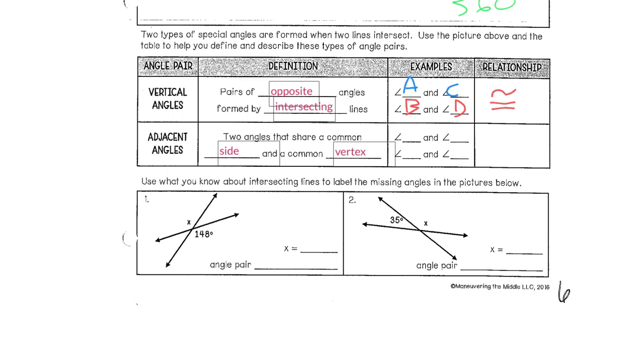Okay, the next item we have to talk about is adjacent angles. So adjacent angles are two angles that share a common side and a common vertex. So basically what this means is that angles are touching, right? So up above, we have angles A and B that are touching, okay, because they share a common side and they share a common vertex, the vertex being the exact center where they intersect. So angle A and B were angles that were touching each other.